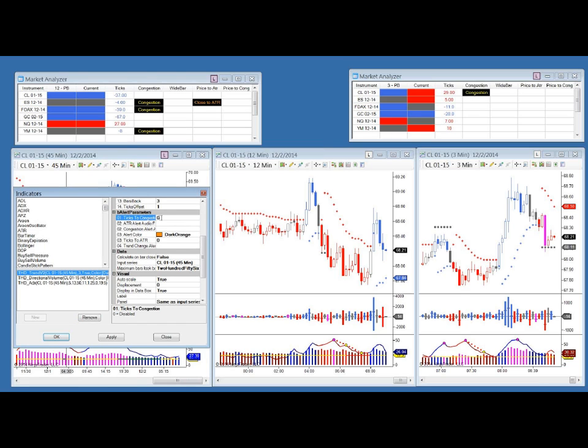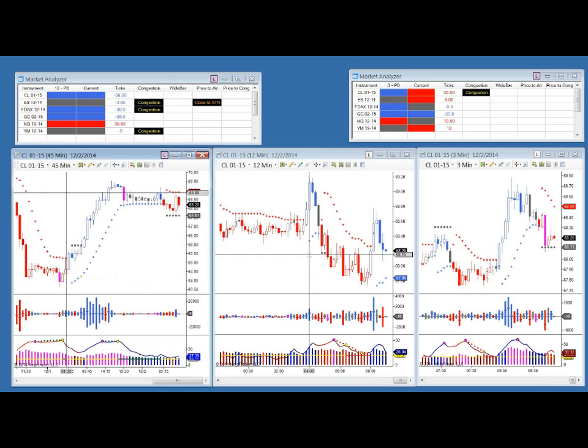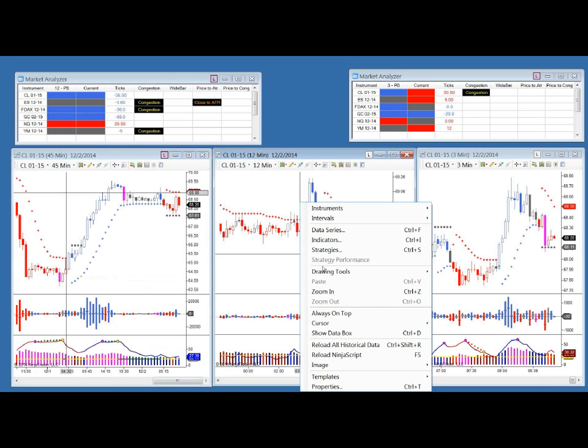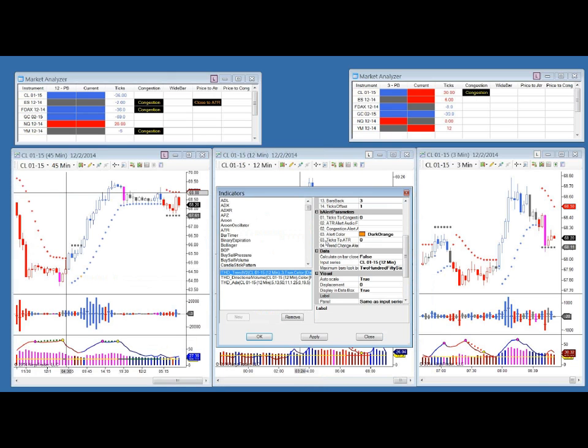It's the trend ticks to congestion. I want on the 45-minute, let's put it at 15. Ticks to the ATR, I want it 15. And click OK. And over here, I'm going to do the same thing, except I'm going to put it on 5 and 5.